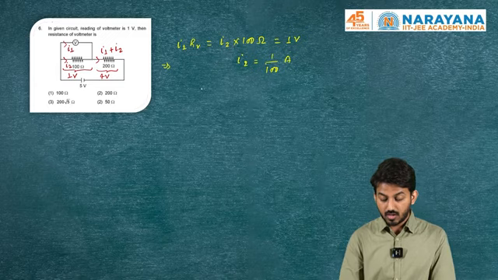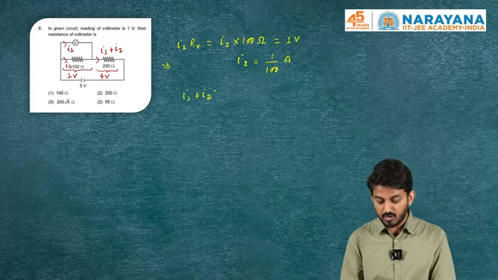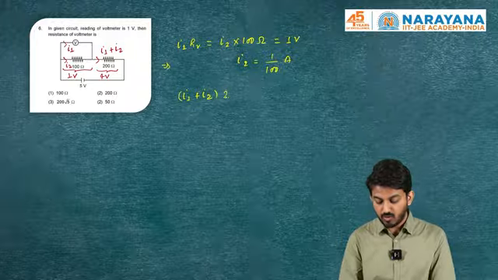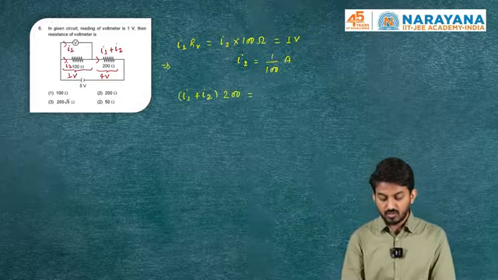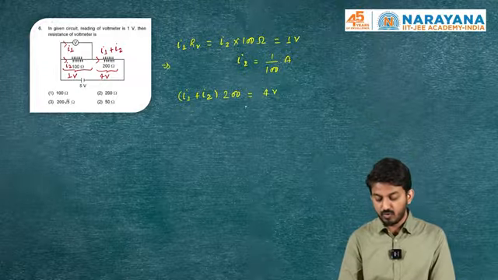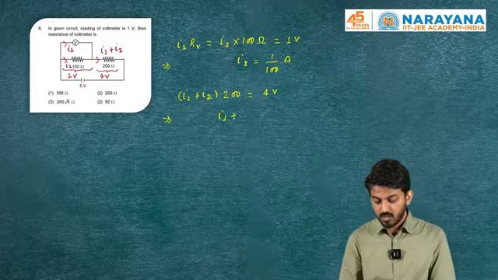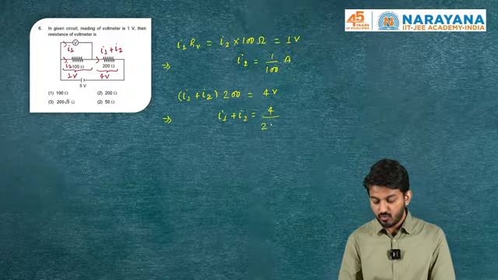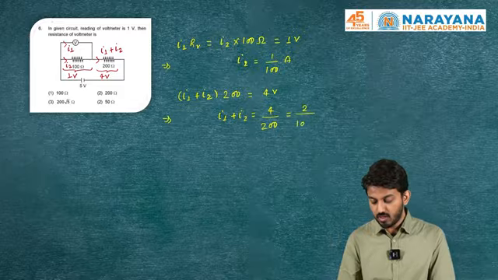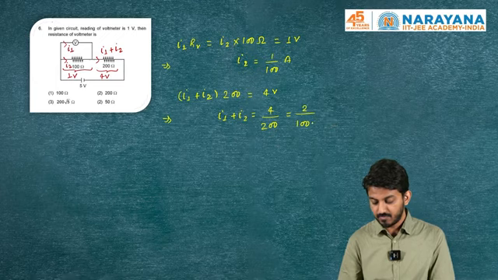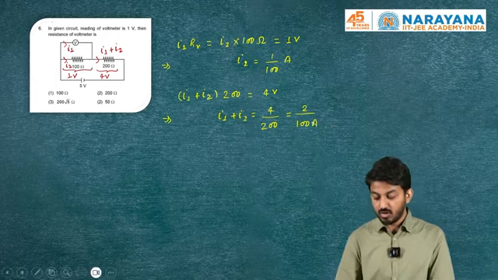Now we need to figure out I1 plus I2. So I1 plus I2 into 200 ohm. This voltage we figured out that it is equal to 4 volt, giving us I1 plus I2 is equal to 4 over 200 and thus 2 over 100 ampere.